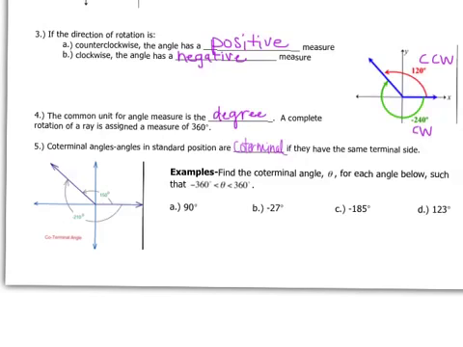It says to find the coterminal angle theta for each angle below so that our coterminal angle is somewhere between negative and positive 360. All right. So here's what we're going to do.